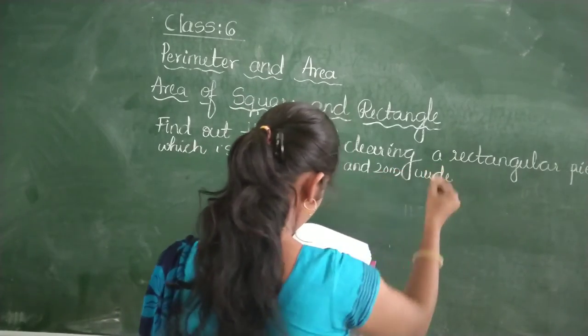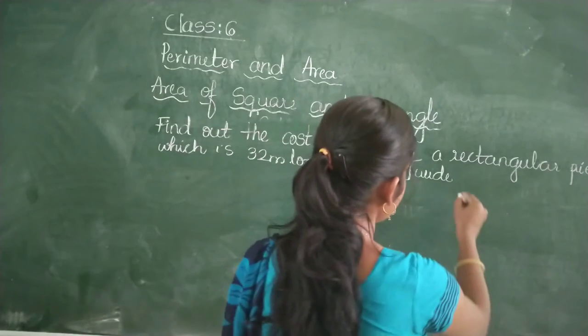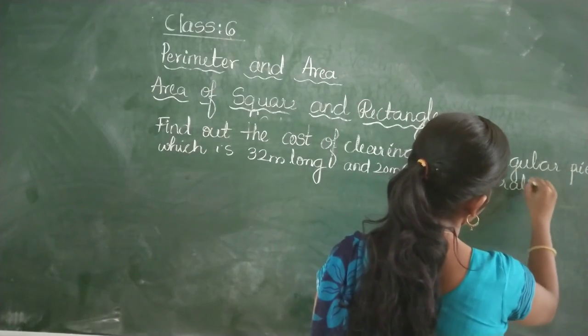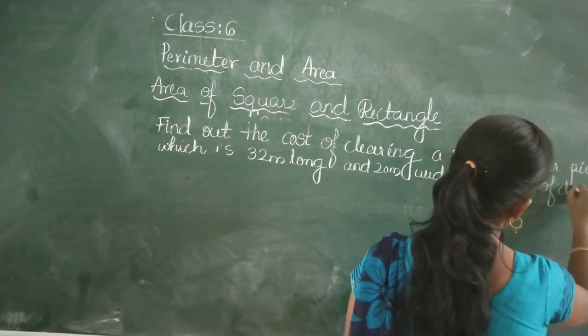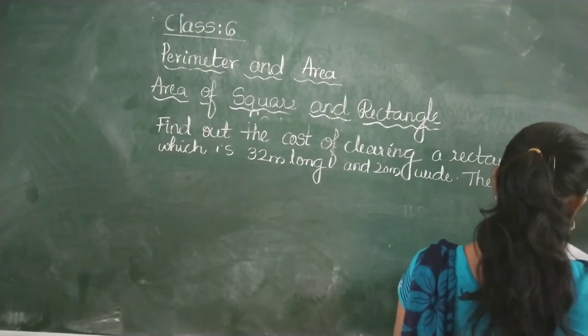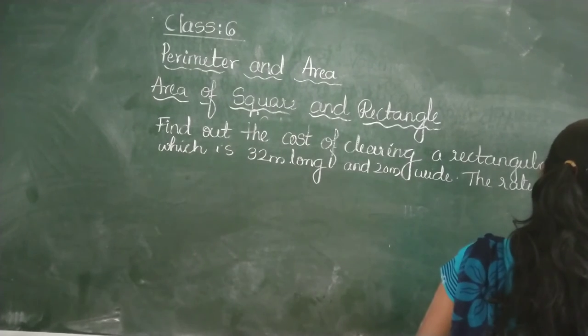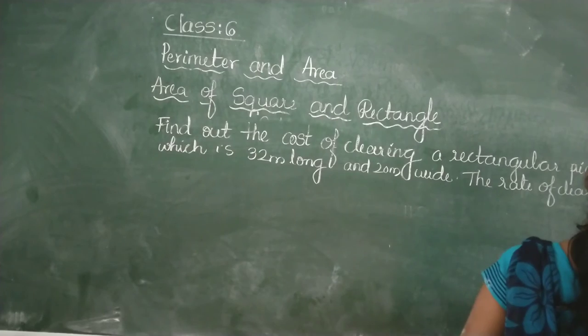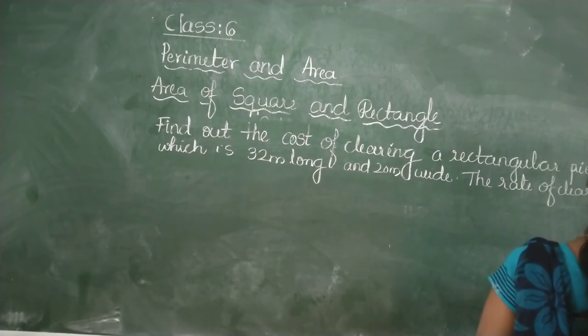The rate of clearing is 2.25 per square meter.